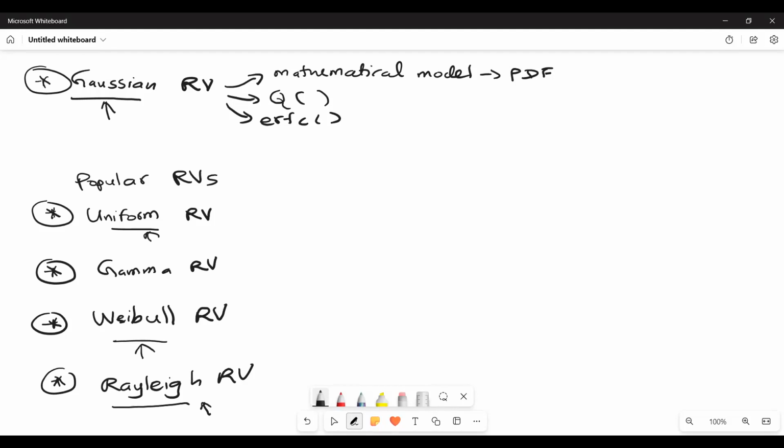So we are trying to find a mathematical model that will be very similar to the actual random signal. So you have asked a question, how to find the best fitting random variable. It's a very good question, right?